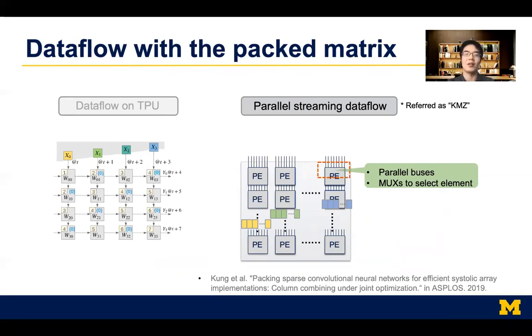However, this method is not scalable because for really sparse matrices, it's possible that more than 100 columns will be merged together. So it will have a really large overhead by adding those buses and the large mux to perform the selection and the data streaming.